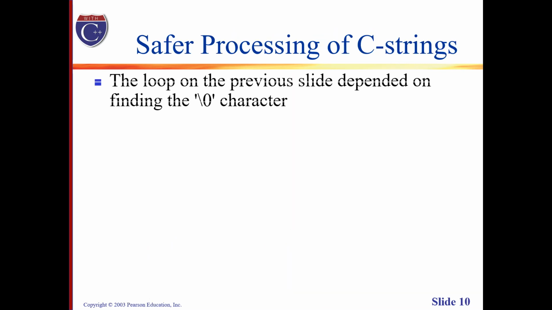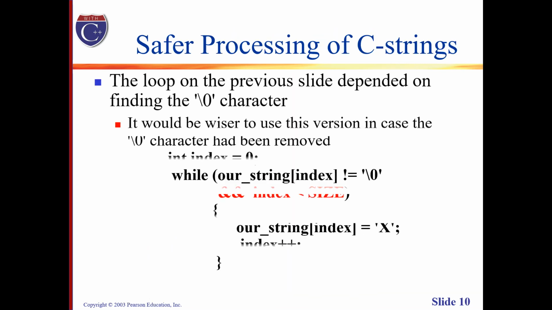Thus, another way to do that is the following. It would be better to use this version in case the terminating character cannot be found or had been removed. In this case, we will also look if the index size of the C string has been reached. Thus, it will be a safer way of implementing the code that we have seen in the previous slide.